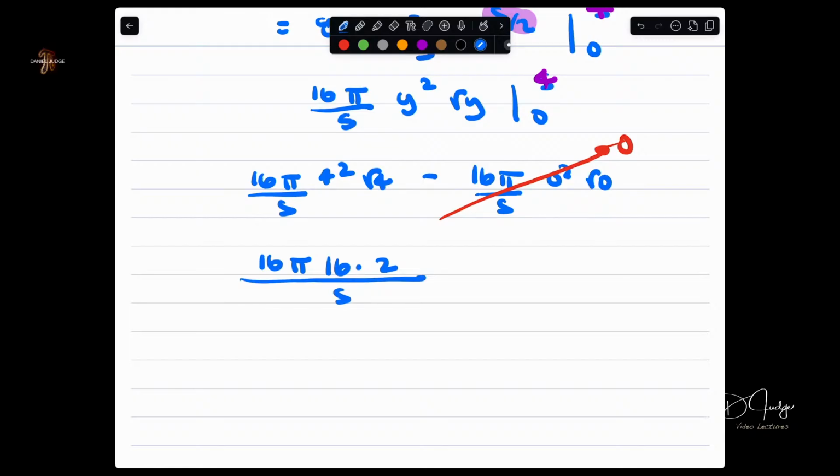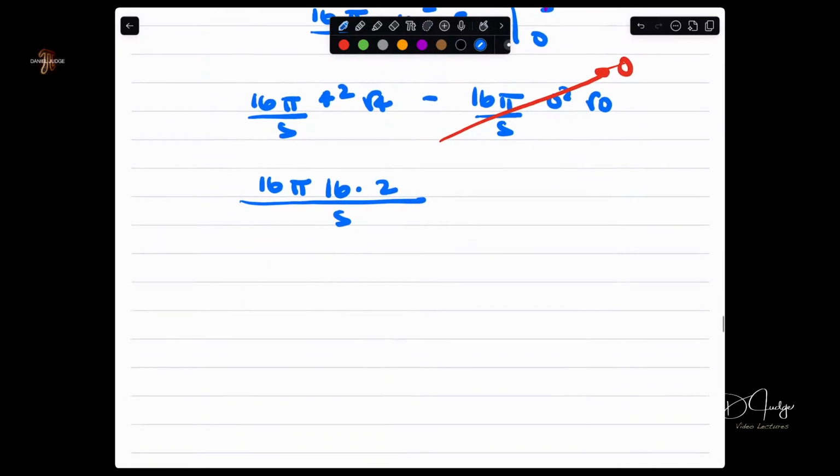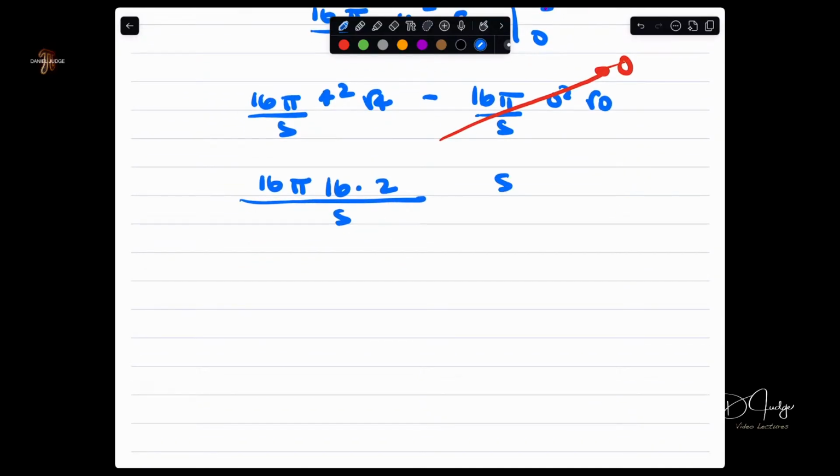Now that's going to be an interestingly big number. 16 times 16 times that 2 gives you 512. So your final answer is 512 pi over 5.